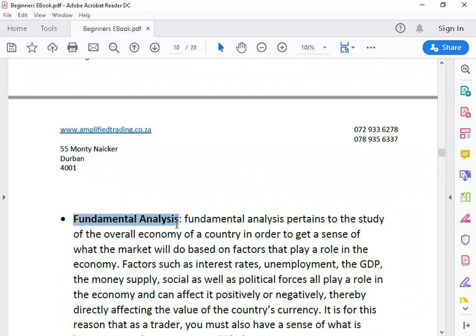If you're looking at fundamental analysis, right? So fundamental analysis is typically studying the economy. Factors outside the MT4 platform, which are like interest rates, how well the economy is doing, political events, the GDP, and things like, let's say, even droughts.